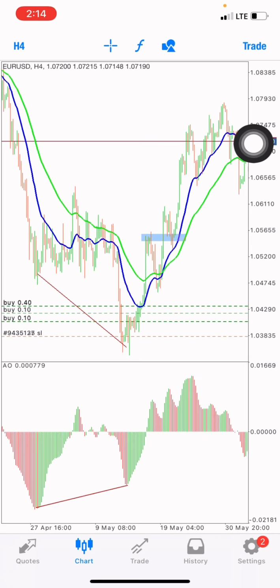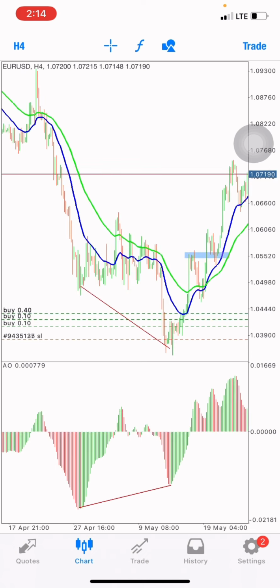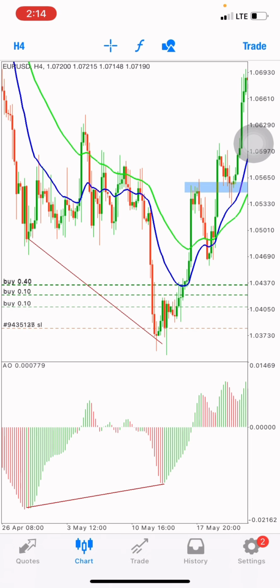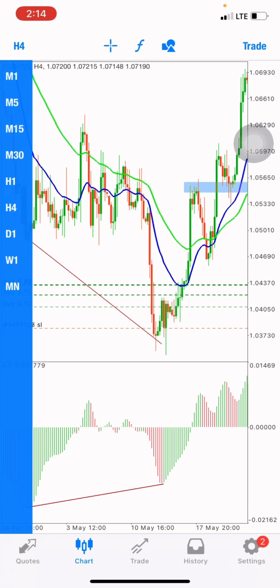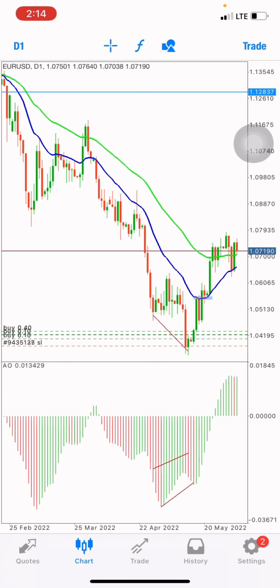You see, guys, I'm still on the confirmation. The other thing, guys, when we come to the big time frame, the daily time frame, to make this uptrend solid, I need these two moving averages to cross here.